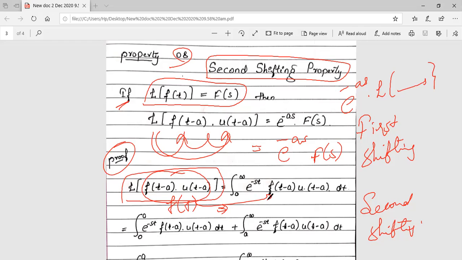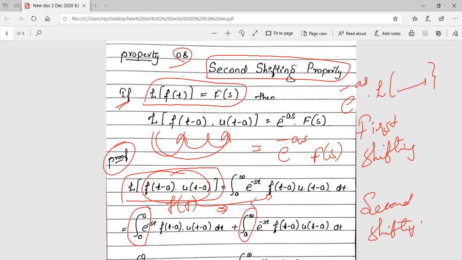Here we also have two limits according to the unit step function formula, so we separate this into integration over 0 to a, the first limit, and integration over a to infinity, the second limit.